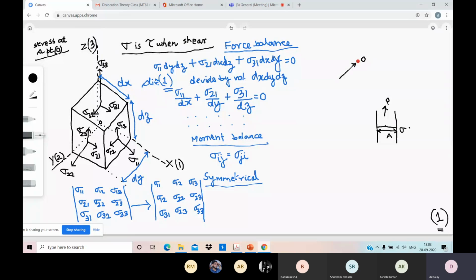So what we represent by sigma is P by A, and that is the average stress on the plane. So we assume that the stress is same on that plane. However, that need not necessarily be, it's an average, it's a general representation.